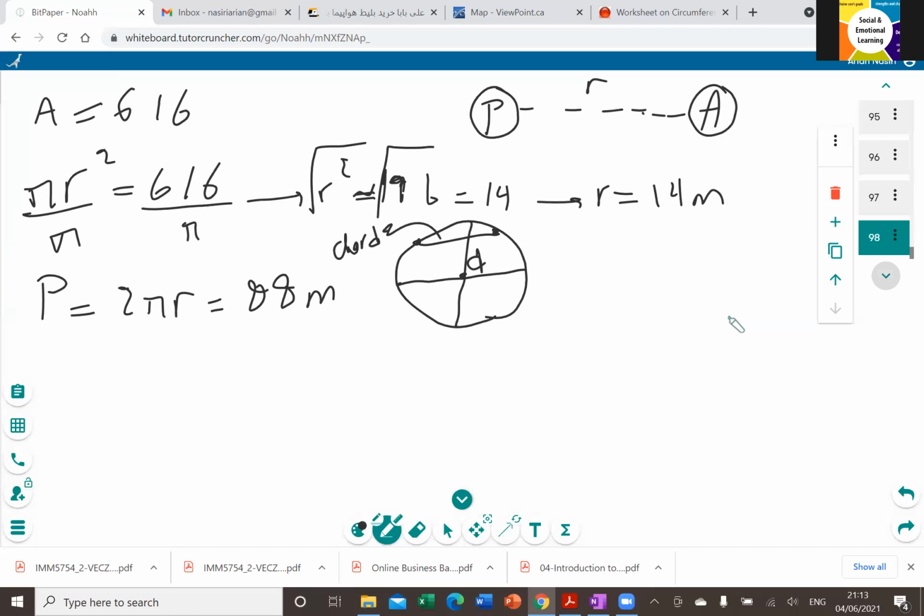Wait, I have another question I forgot to ask, about the diameter and radius. Go ahead. If you have an oval, how do you decide the diameter and radius? Okay, in an oval we don't talk about the diameter and the radius.